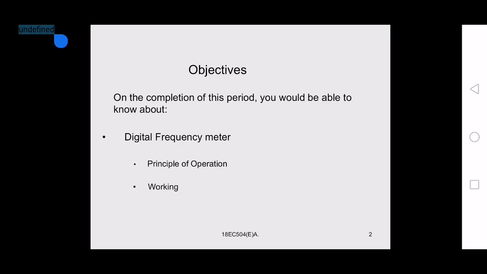Before this class, in this chapter we have already studied what a digital instrument is, what the advantages of digital instruments are, and we have studied the digital voltmeter and the types and specifications of digital voltmeters.